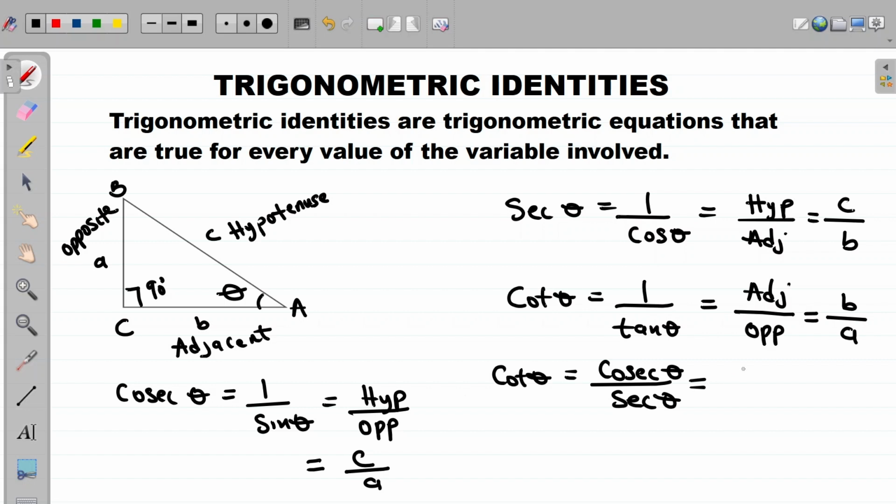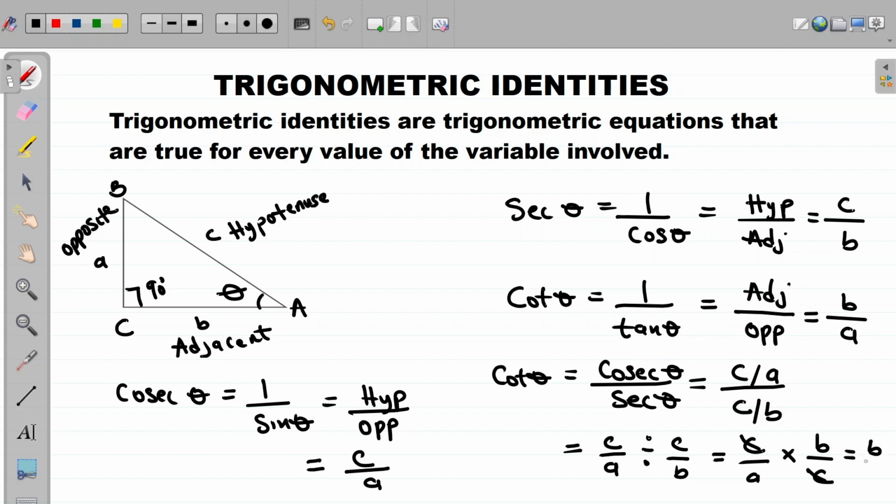Cosec theta is given as C divided by A, and sec theta is given as C divided by B. This can also be expressed as C divided by A divided by C divided by B. If we apply the multiplicative inverse, our equation becomes C divided by A multiplied by B divided by C. So C can cancel out C. We will be left with B divided by A. So therefore, it has been shown that cot theta is equal to cosec theta divided by sec theta.